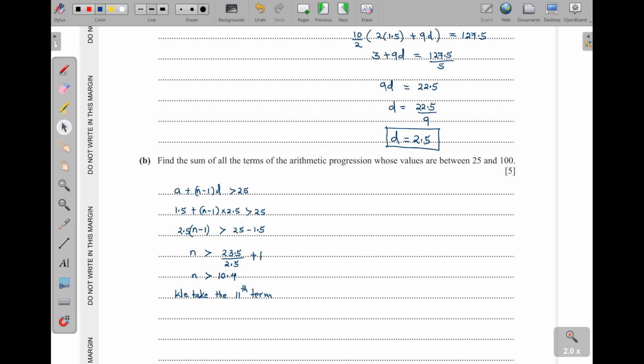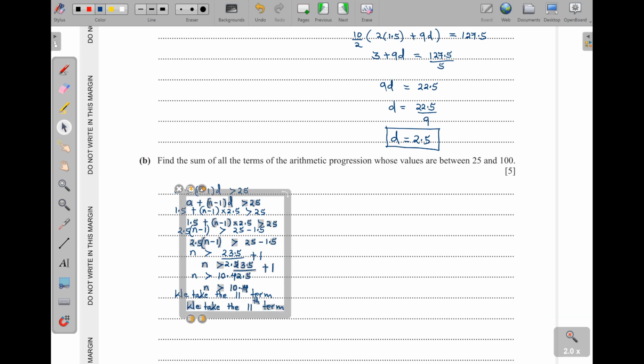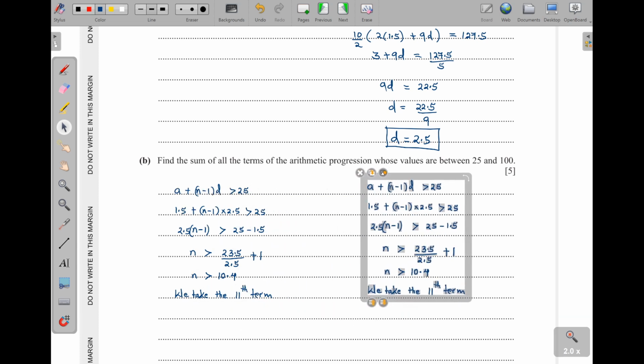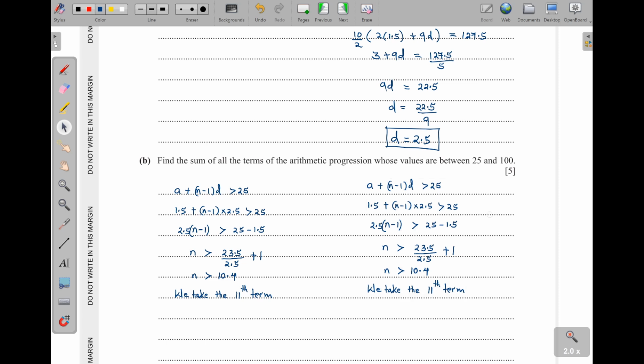Now I'm going to do the same for this one here. I'll just duplicate this one here, and then I'll now put less than 100 because it is in between.